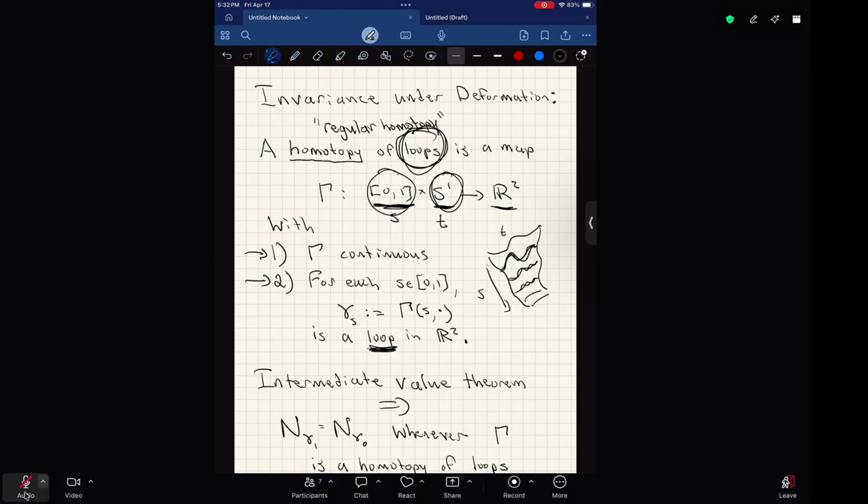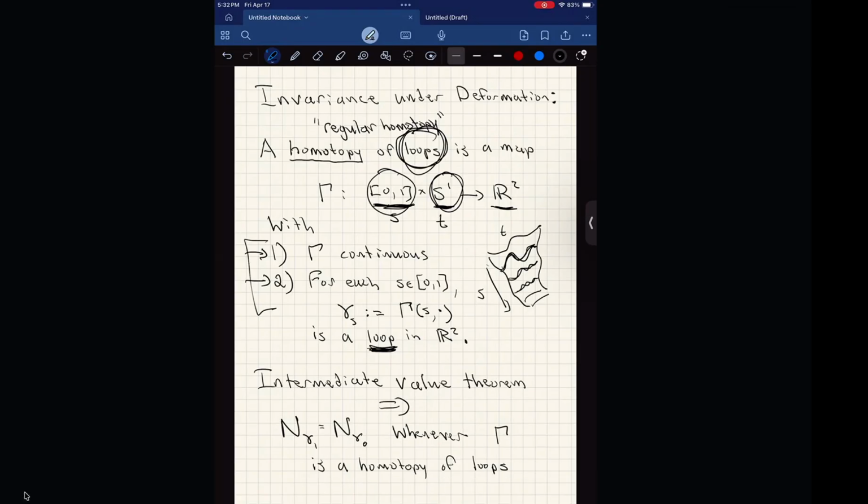I claim that with these two conditions, the intermediate value theorem, and I'll try to say a couple more words about this, implies that whenever I'm at the terminal curve in one of these homotopies, the rotation number is equal to the rotation number of the beginning loop in my family.